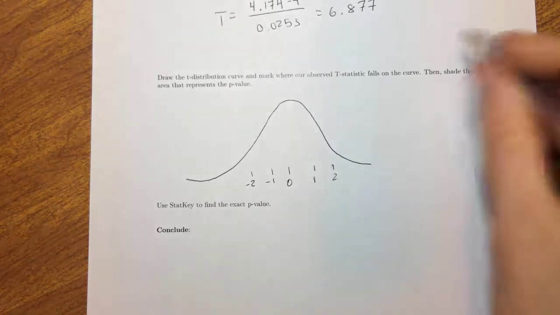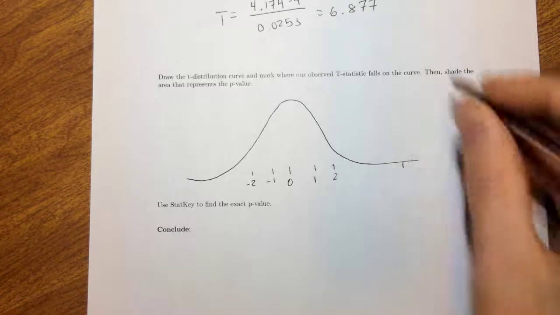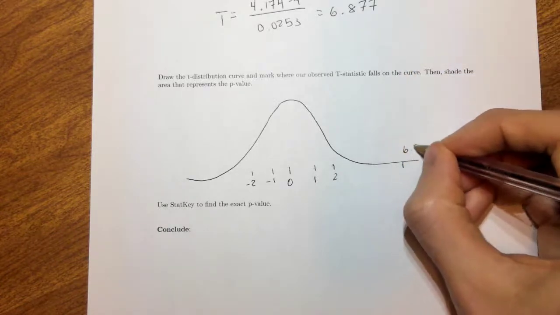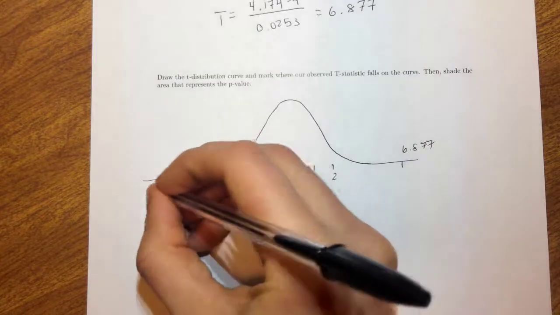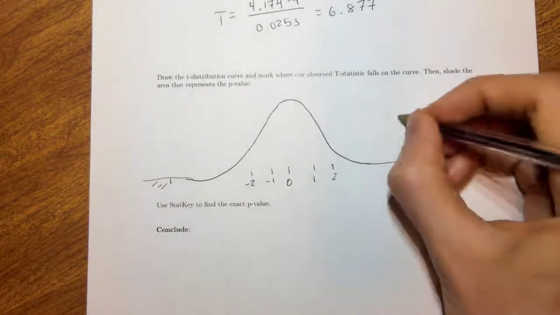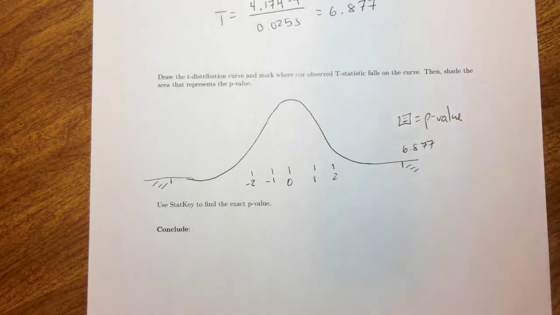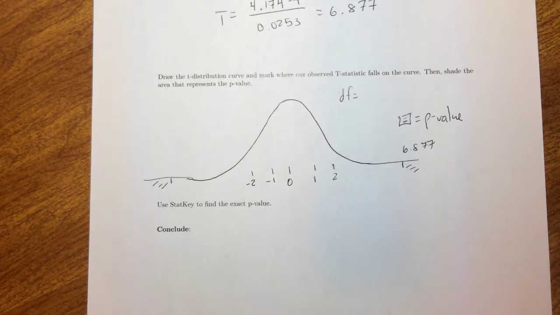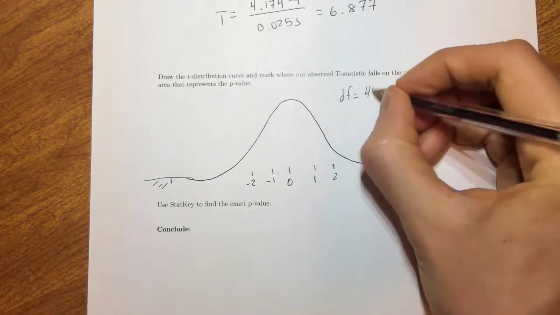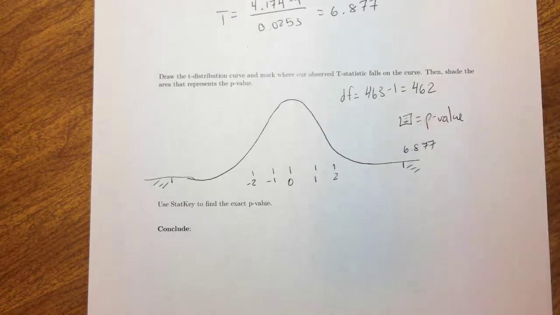We're going to mark our observed t-stat on this distribution. So it's somewhere way out in the tail, and then shade both tails for our p-value. To get the exact shape of that, we would also need to know the degrees of freedom, which in this case are just 462.